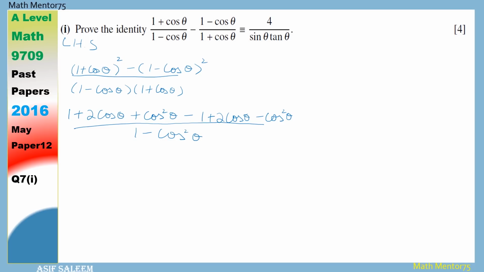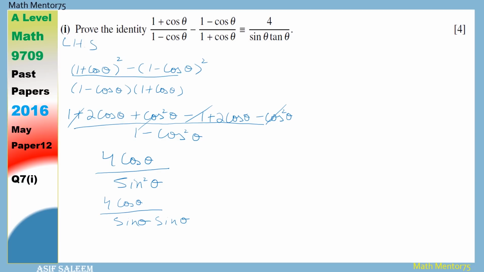This means 1 minus cos square theta. Now things which are being cancelled out are cos square, 1 with 1. So we have 4 cos theta over sine square theta. We can write it as 4 cos theta over sine theta over sine theta.